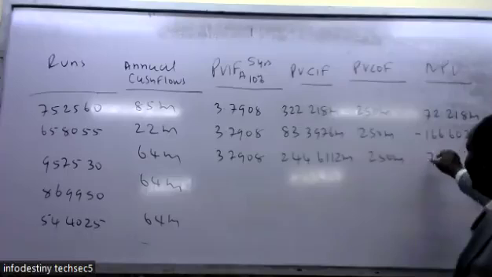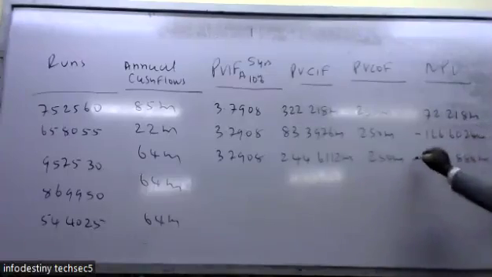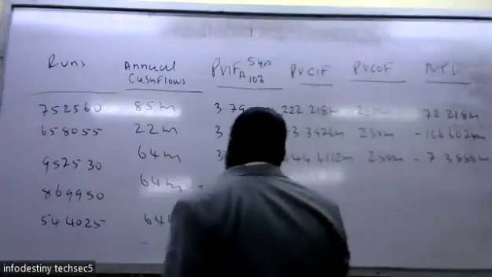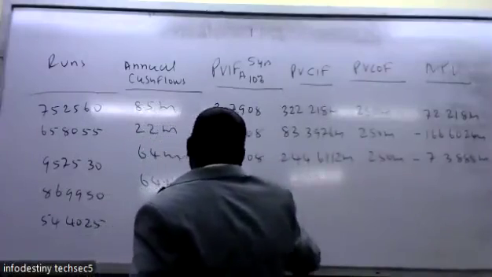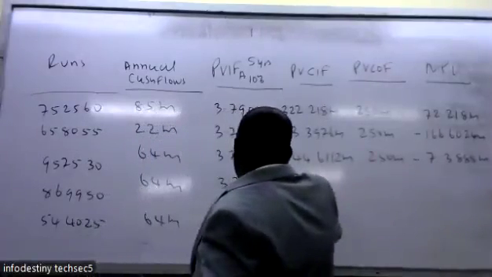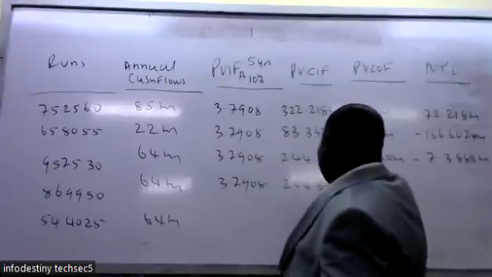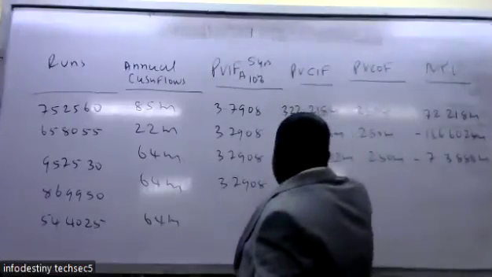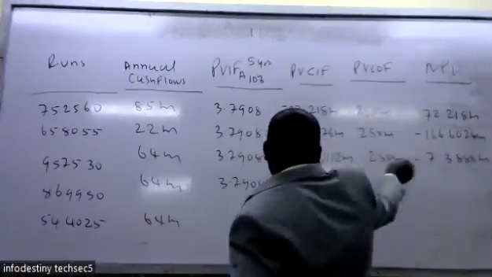Like that, so it is negative. So everything remains the same. There is no change because this will still be 244.6112. But there's no change from there.